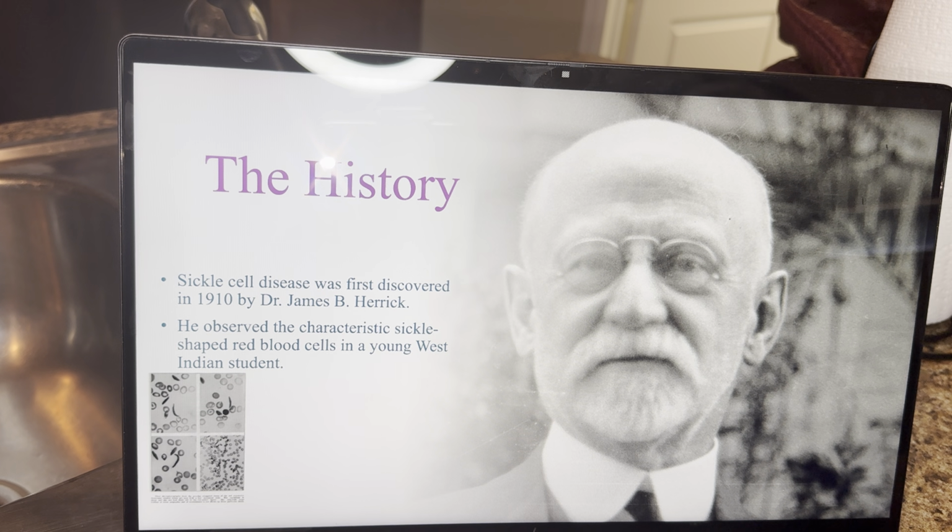Sickle cell disease was actually initially called Herrick syndrome, named after the doctor who discovered it, but it is now obviously called sickle cell disease, as we know. In the bottom left of the slide, I also included a photo of Dr. Herrick's discovery.